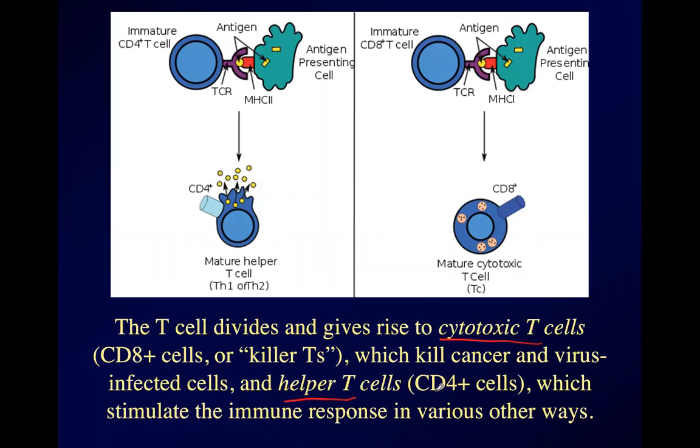A T cell may also give rise to helper Ts. We don't really need to know how they do it, but they can stimulate the immune response in various other ways. Incidentally, if your helper T cells are infected with the HIV virus, your immune system can't respond as effectively, and you may have a case of full-blown AIDS, immune deficiency disorder, if your CD4s get knocked out.